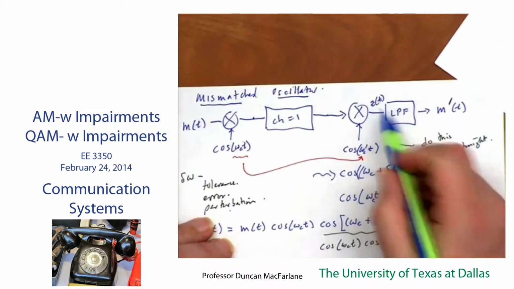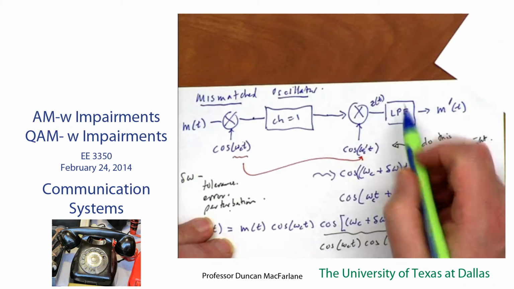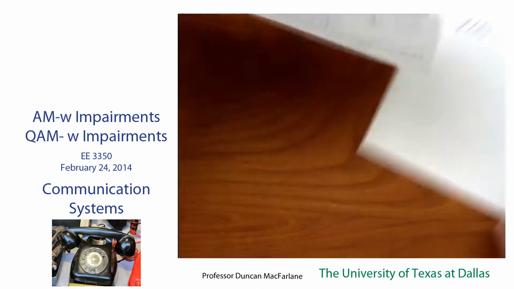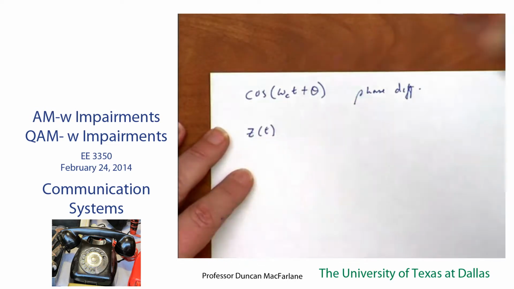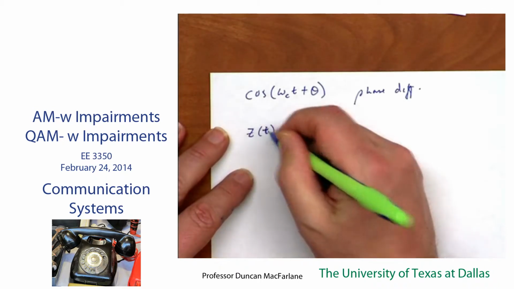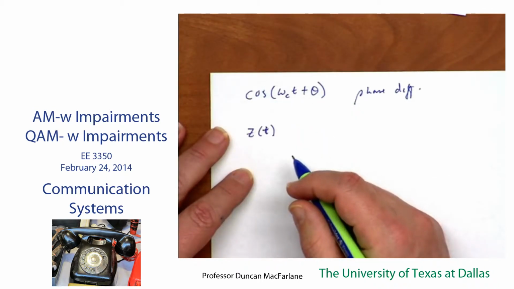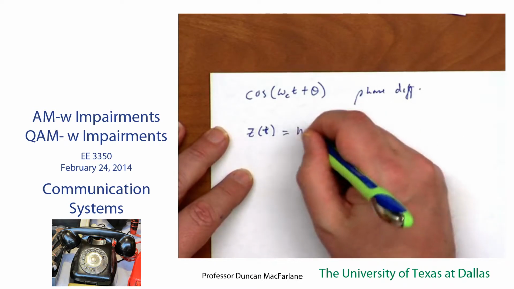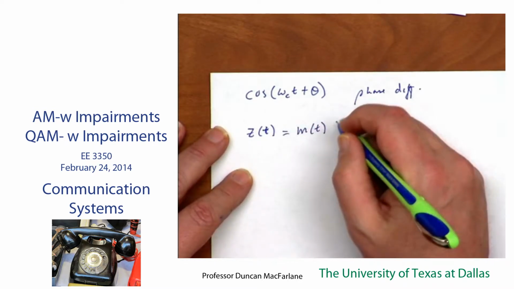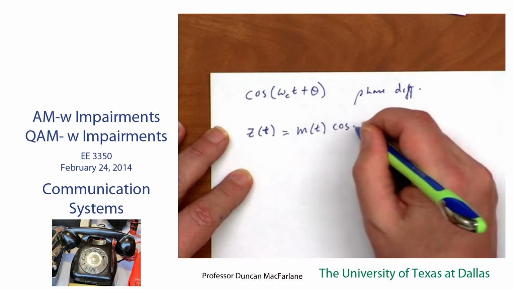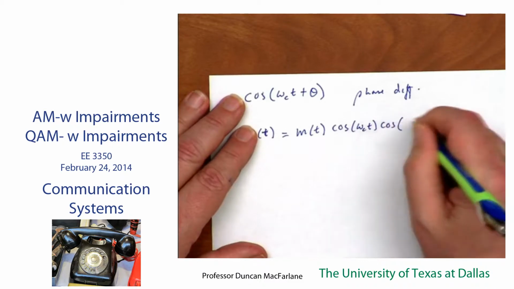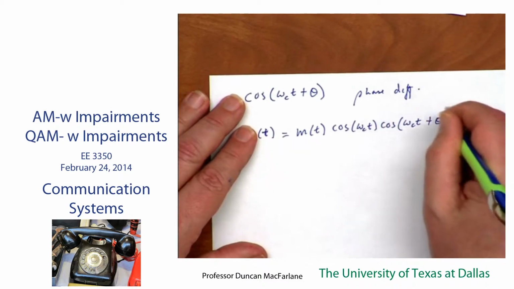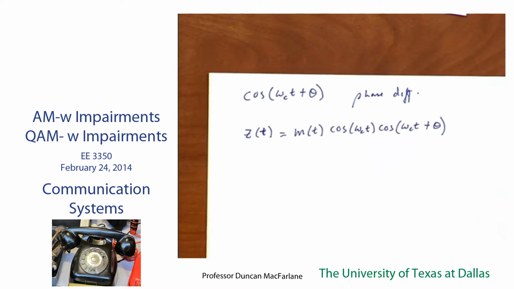That signal is the signal that goes into my low-pass filter. So it's right after the modulator. So if the local oscillator is the right frequency, but it's shifted by phase by some number of radians in phase, then I have a z of t is equal to that.